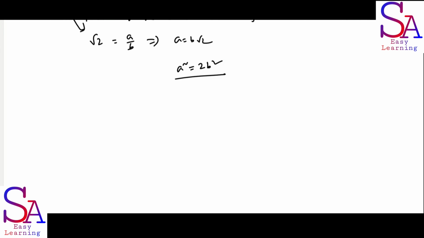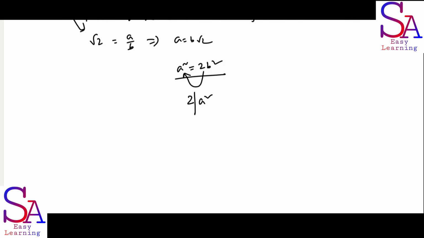From this a square equals 2b square, so we can conclude that 2 divides a square, because a square is written as 2 into b square. Now by the previous theorem, if P divides a square, then P divides a, where P is a prime number.